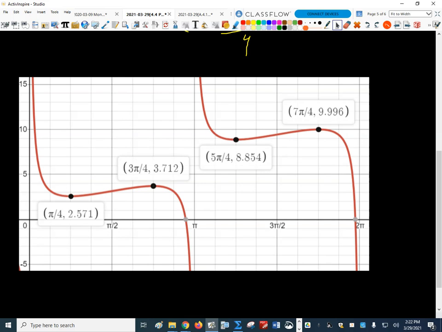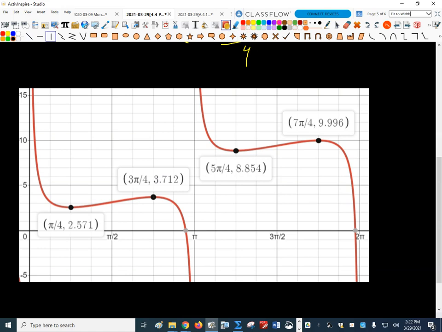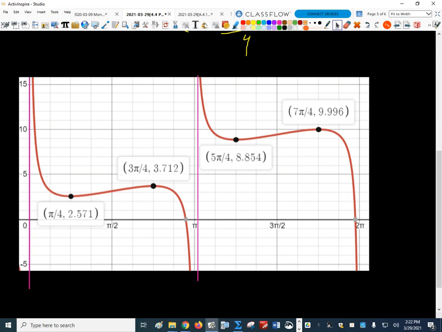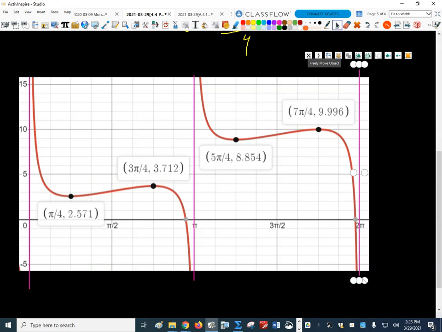And we'd probably want to draw in our vertical asymptotes. Okay, there it is.